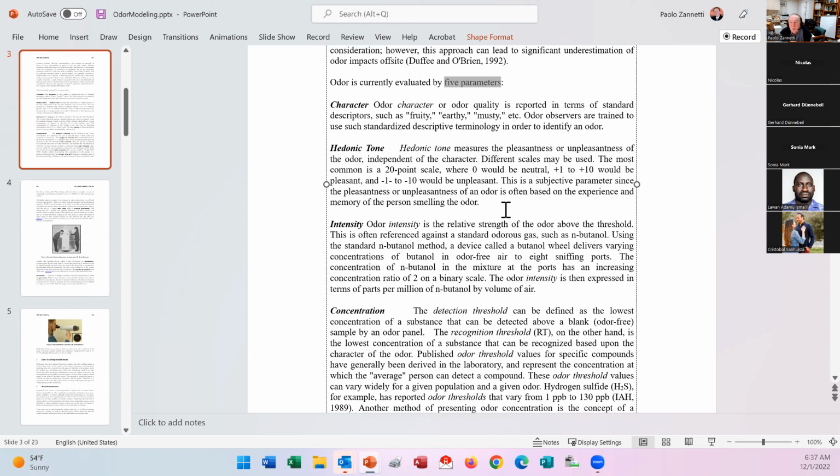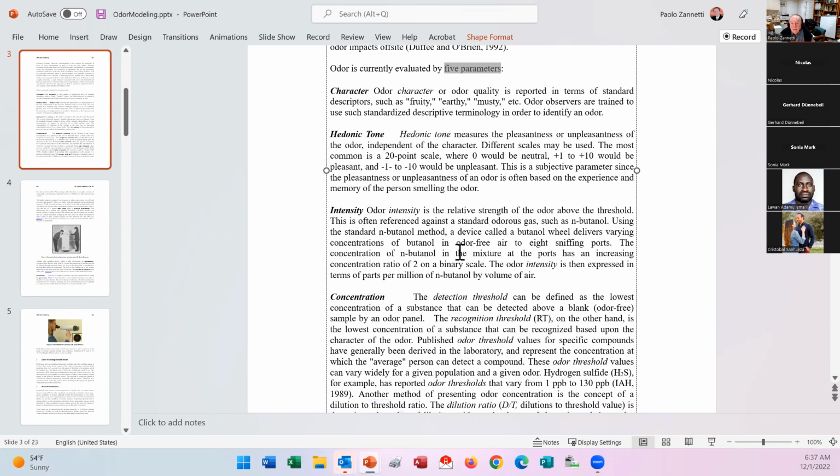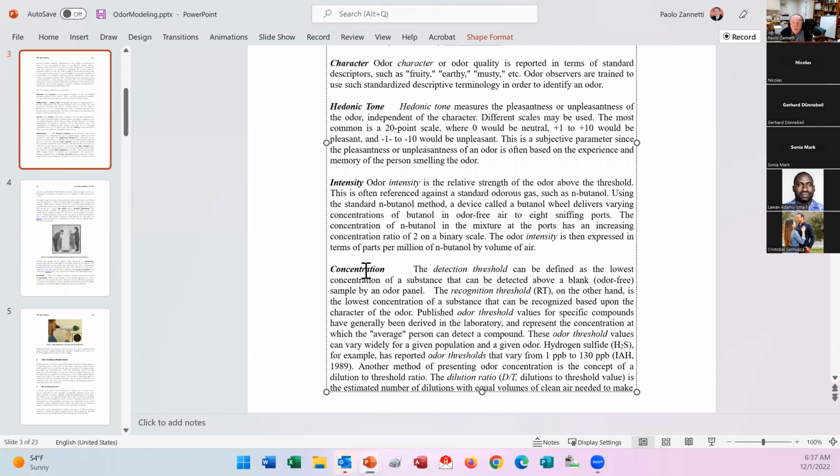A small amount is fine, but a strong perfume indoors is not pleasant for me. So the hedonic tone measures the pleasantness or unpleasantness of the odor, then the intensity, how intense it is, and the concentration, which is the big challenge.